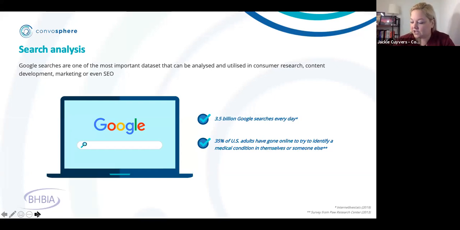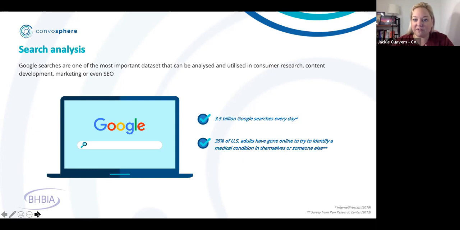So first, touching on the search analysis, most of this data is coming from Google search. If you're doing a project in the US market or European markets, that's Google. If you are doing a project in China, Baidu is the search engine like Google within the Chinese market. They do also make this data available. So it's possible to do this type of search analysis in China or other markets that aren't reliant on Google.